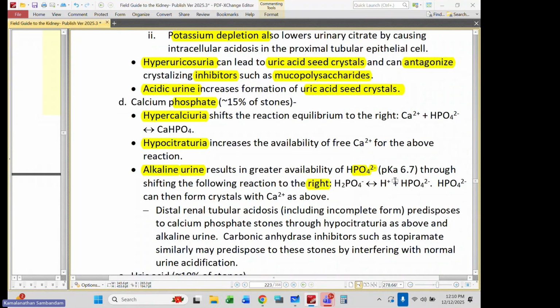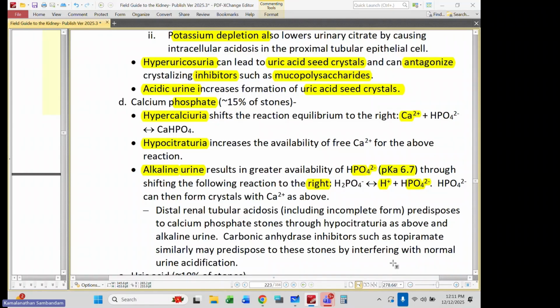I create divalent phosphate, compared to the monovalent phosphate, and a proton that is now either free or bound with bicarbonate, okay? So again, I'm pushing the reaction to the right. The more alkaline my urine, this divalent form of phosphate can more efficiently associate with calcium, forming the less soluble calcium phosphate.